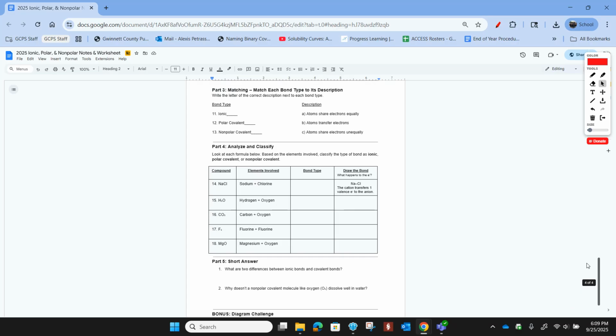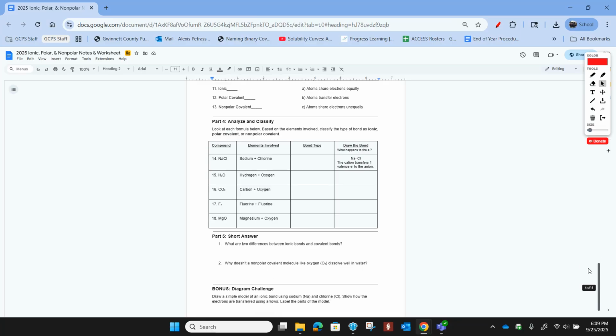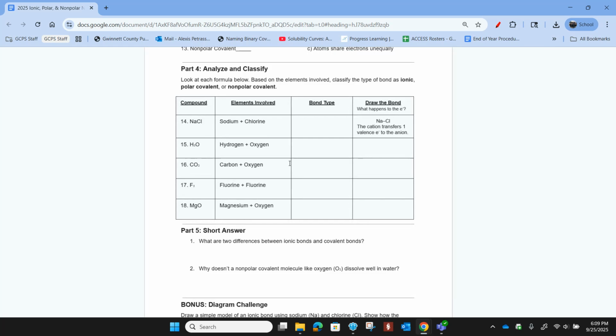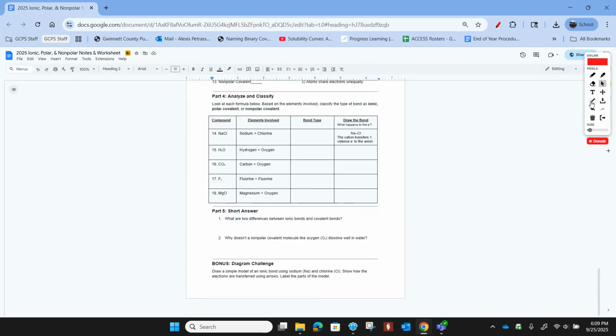And then part 3, hopefully you should be able to do part 3 pretty easily. It's just saying how the electrons move, which I just talked about. And then part 4, I did try to help with a little example for part 4. I will go over one.